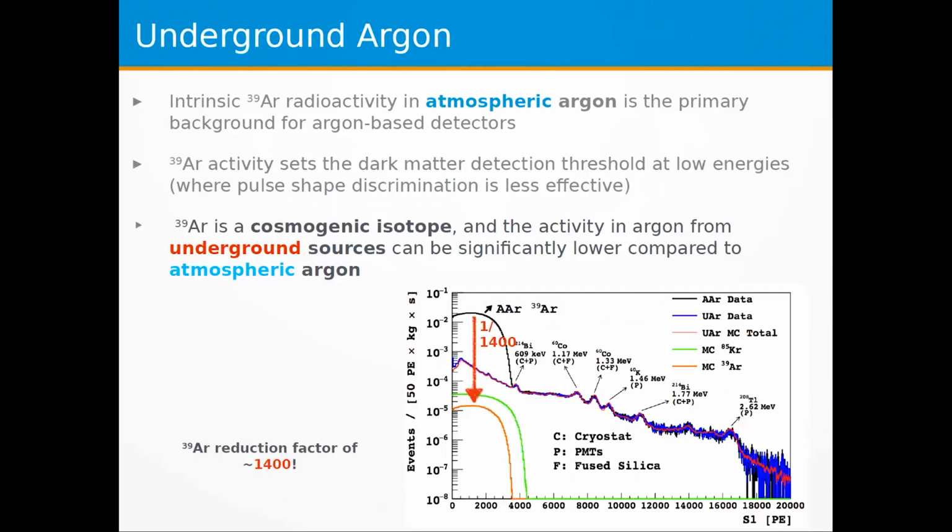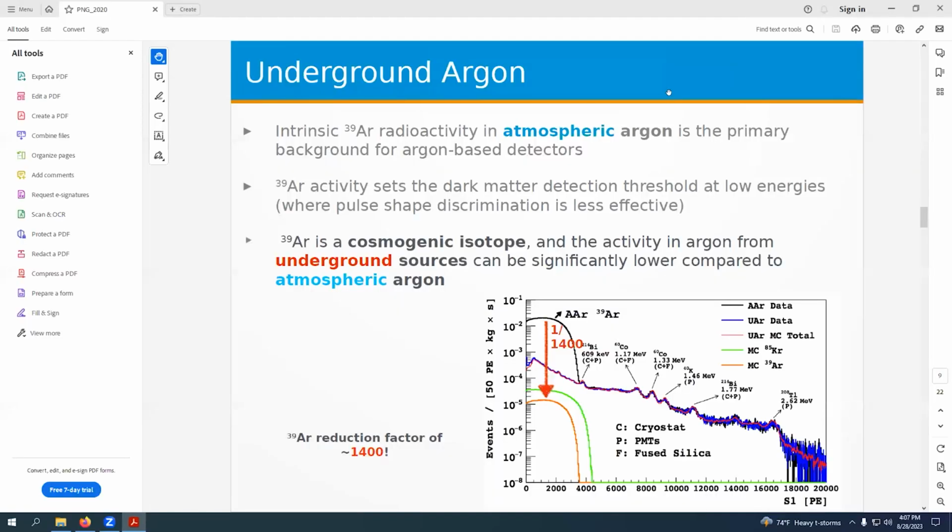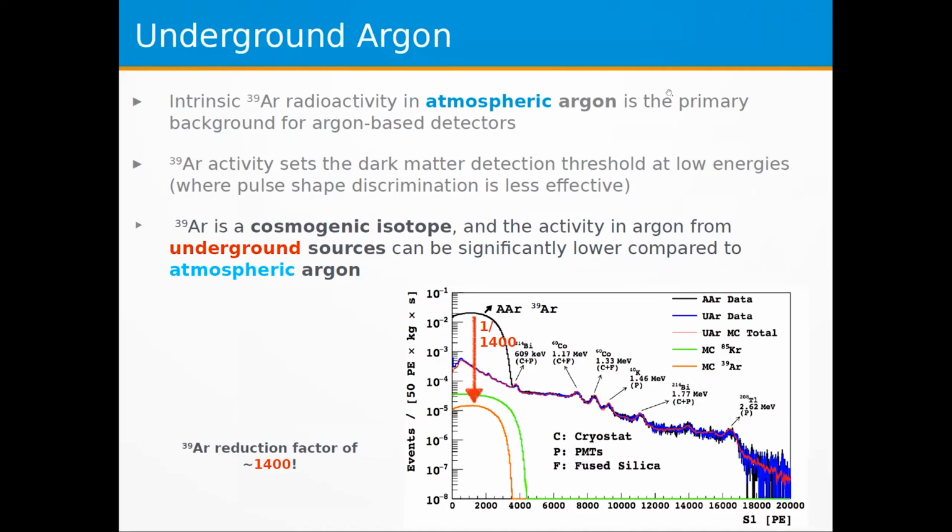So, underground argon. Intrinsic radioactivity in atmospheric argon is the primary background for argon-based detectors, and the collaboration decided to use the underground argon instead, which has a reduction factor of around 1400.